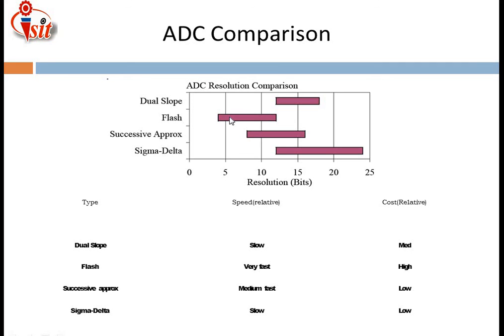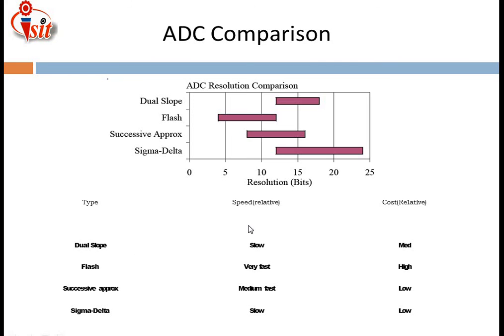Flash type has less resolution, sigma delta has the best resolution in bits, and successive approximation has resolution in between. Thus by using these parameters we have studied, we are going to compare dual slope, flash type, successive approximation and sigma delta depending upon speed and cost.